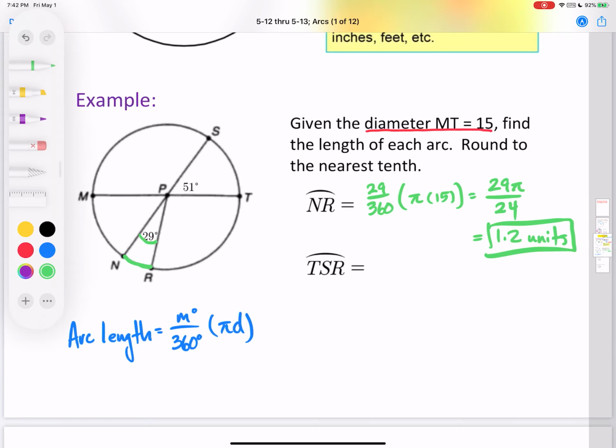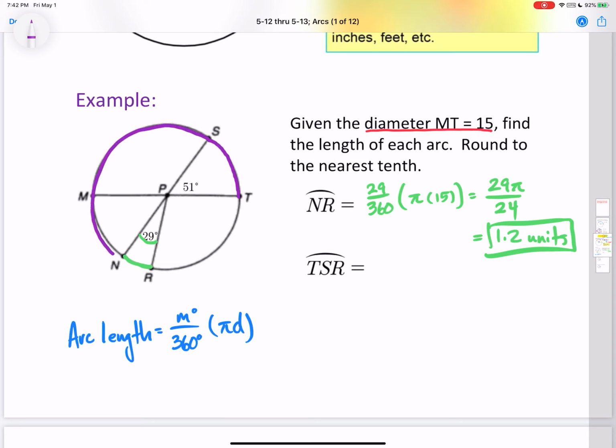Okay. I'm going to do the same thing for this next one. So this next one, I'm going to take a look at TSR. So it's going from T to S to R. If I trace it around, so T, oops, let me change that back. So T to S and all the way down to R. So I have to go to S before I go to R. So that's this entire piece over here. And we have to remember that a semicircle is 180 degrees.